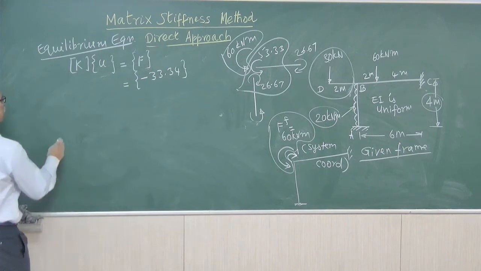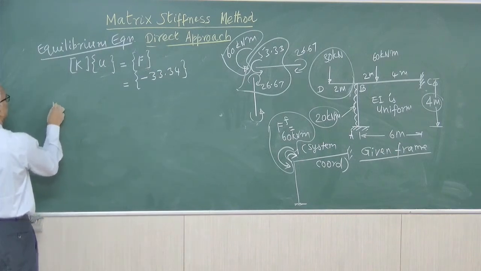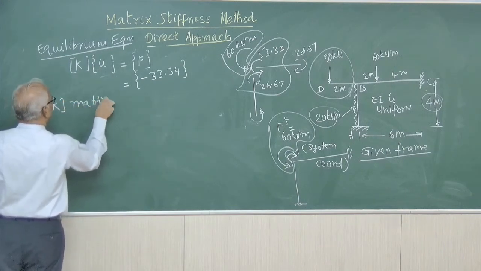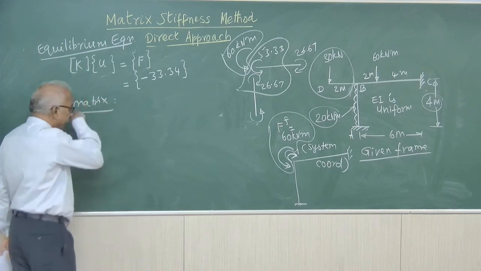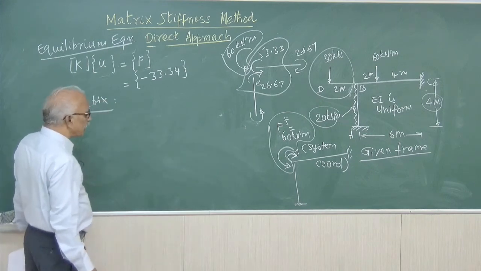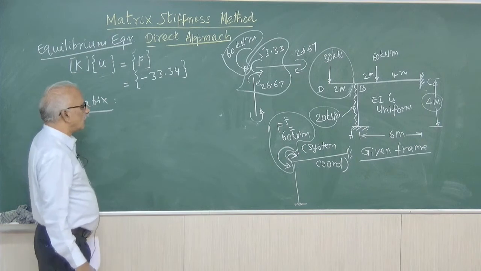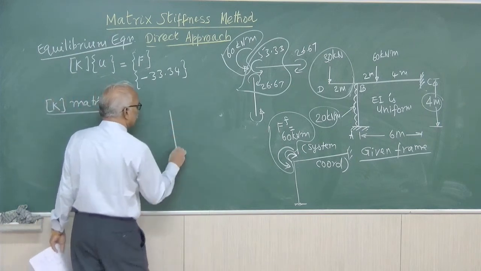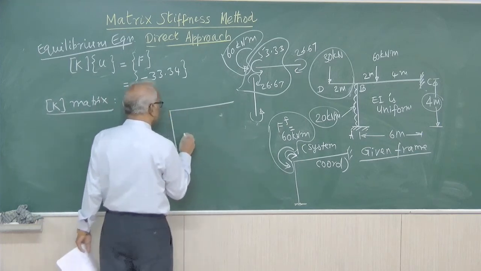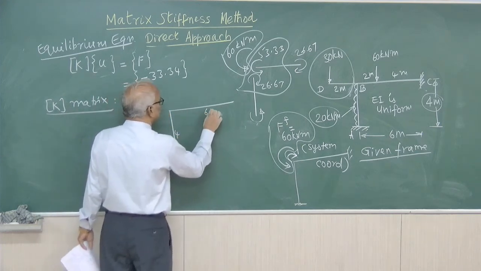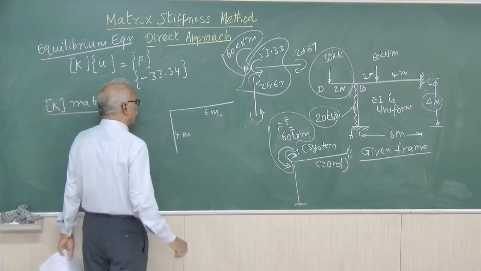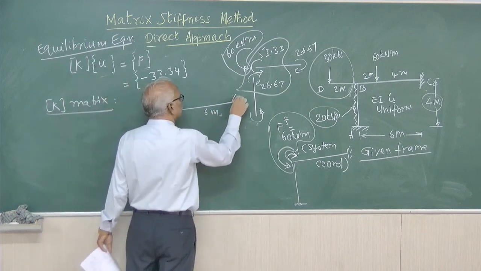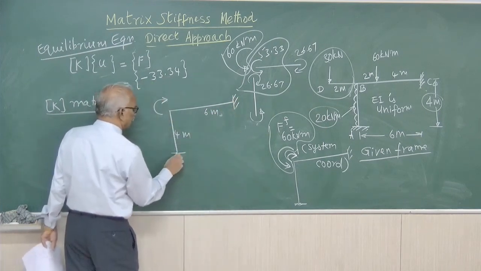Right. Now, coming to the K matrix. The K matrix will be due to the application of the unit displacement at the system coordinate. This is the structure. This is 4 meters, this is 6 meters. This is the system coordinate. This is fixed, this is also fixed.